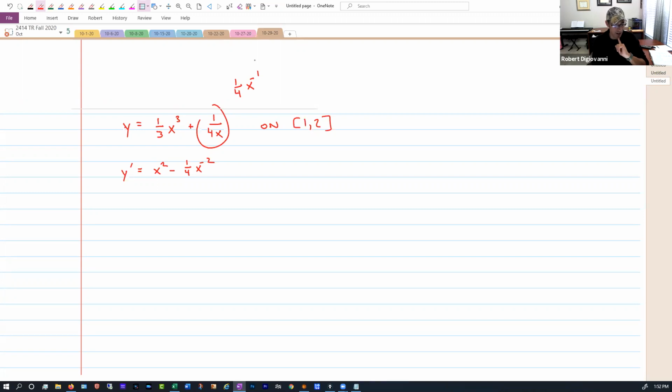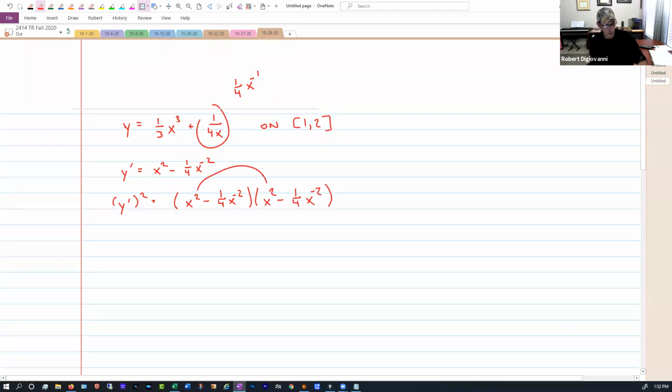And now I need to square it. So when I square this, that means I need to square this, which means we have to FOIL. So x to the 4th, and then here to here.